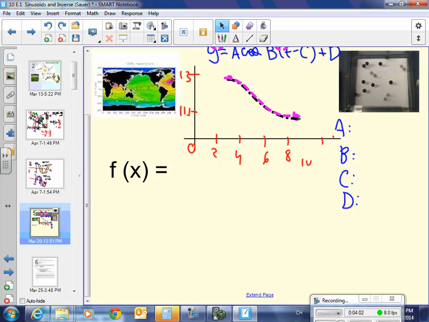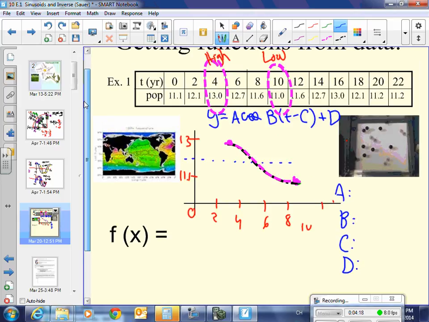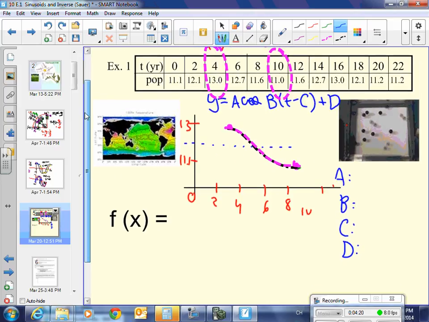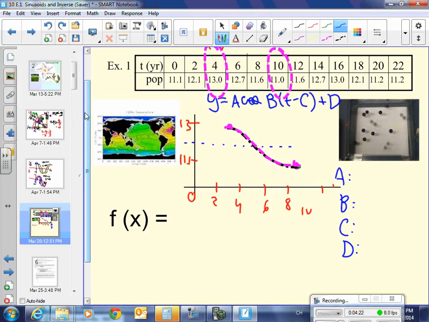And to find out what that vertical shift is, we're going to figure it out. How does it compare to the high and the low? Compared to the high and the low, isn't it right in the middle? Yeah, it's right in the middle. And this should be 13 and 11.0. Okay? So if this is 11 and this is 13, where's the exact middle going to be?